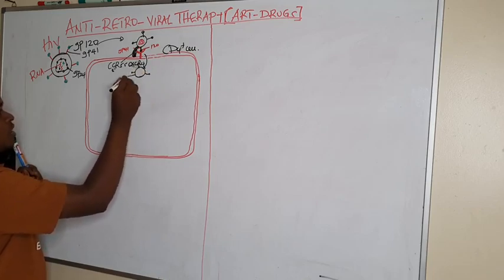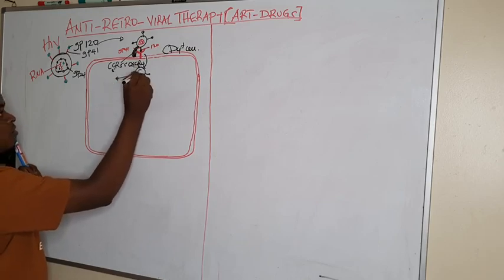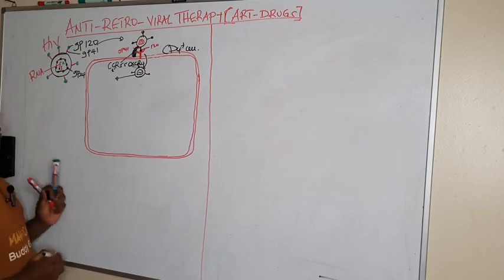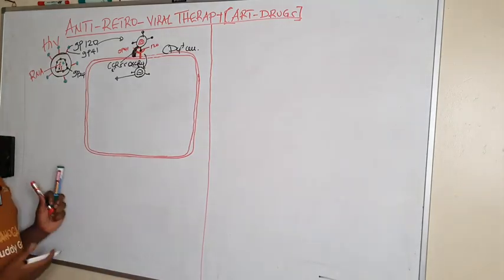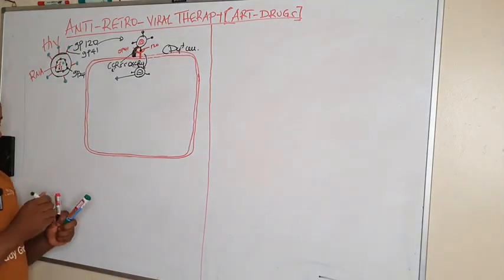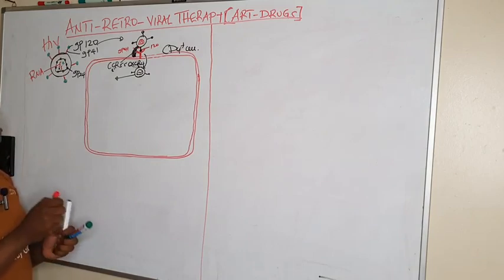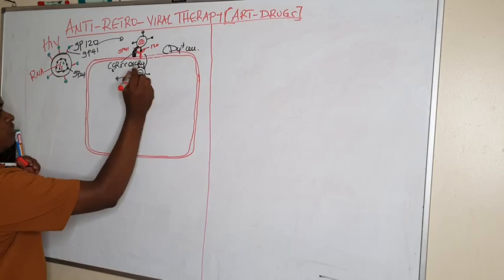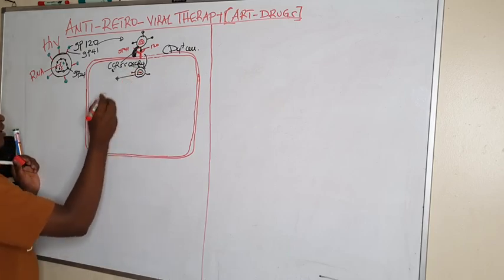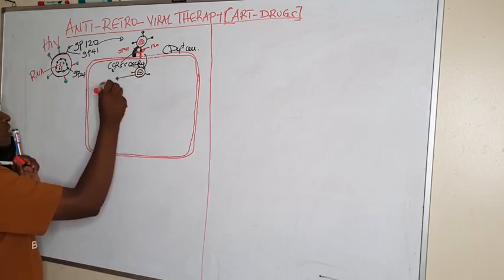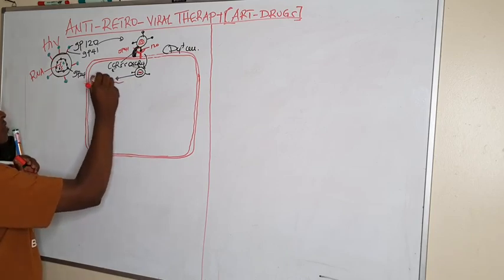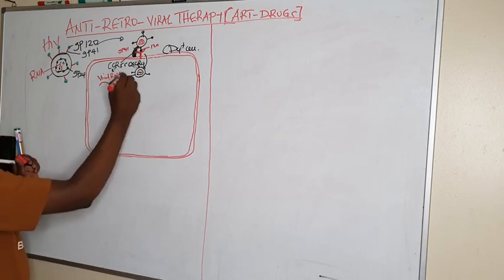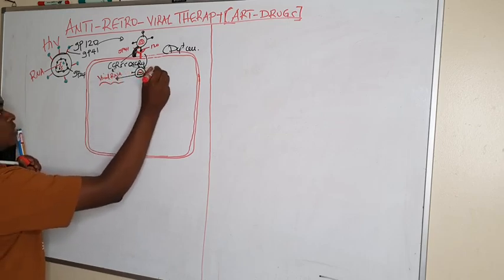Remember, it has the genome in the form of RNA, so it uncoats to release the genome. And we said this genome in the HIV virus is RNA. So this is the viral RNA, which is released by the process of uncoating.